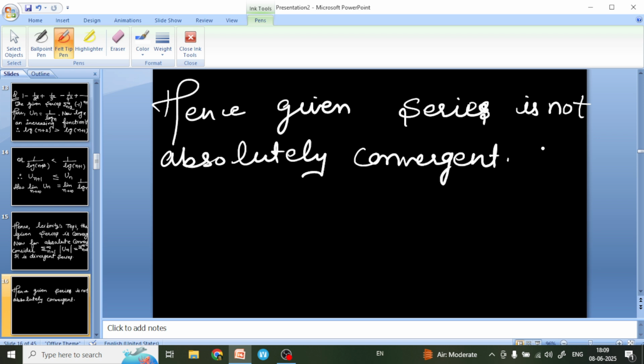And this is an example of a conditionally convergent series.